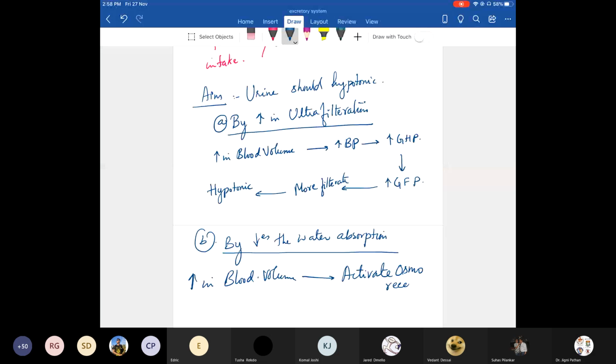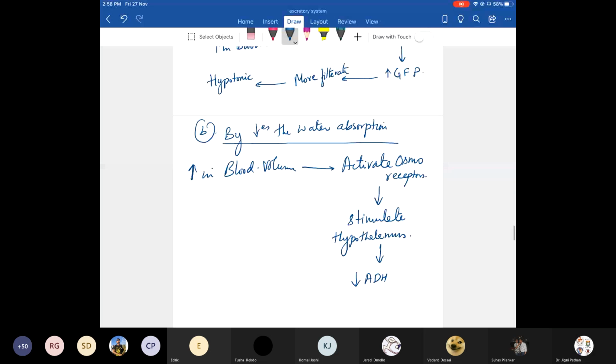This stimulates the hypothalamus, which decreases ADH release from the pituitary. ADH is the antidiuretic hormone we have studied.